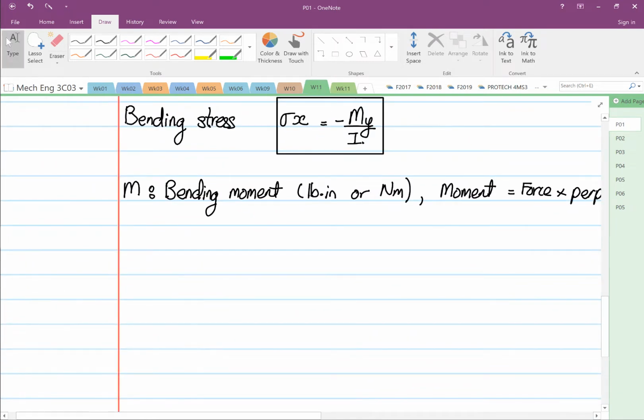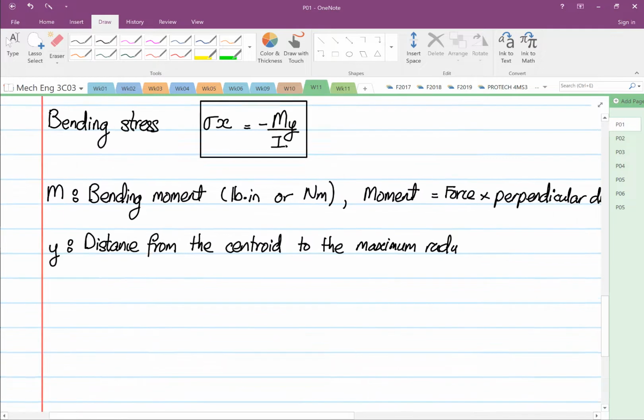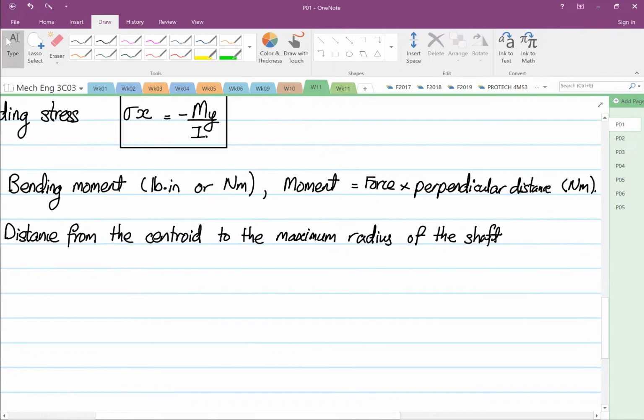And then y is a distance from the centroid to the maximum radius of the shaft, which is in inches or can be in meters.